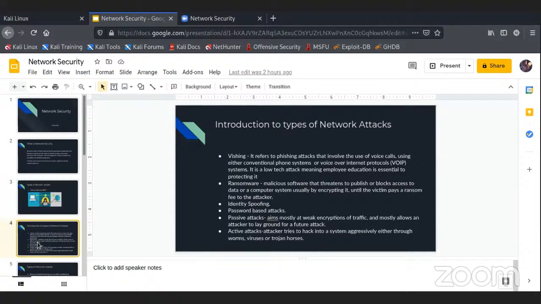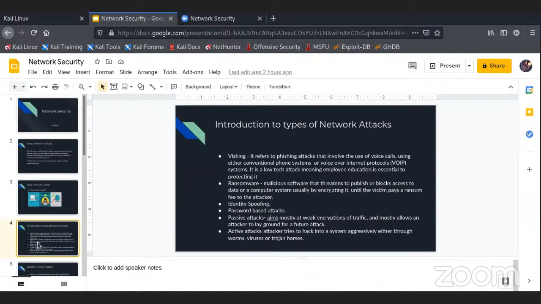We have other types of network attacks like phishing. There's also vishing, which is almost similar to phishing, just that it's aimed at voice over IP, that is voice over internet protocols.